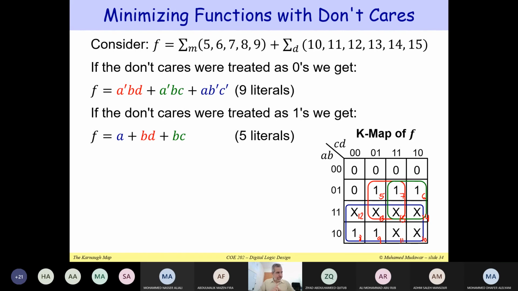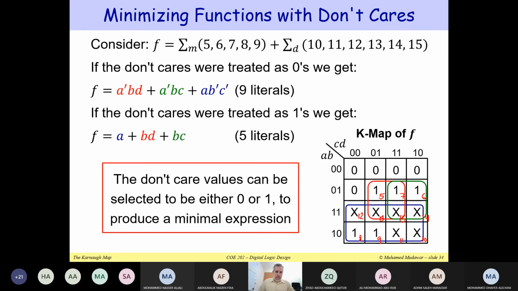But sometimes in some functions, you might have a don't care somewhere which is not being covered. That's fine. You don't have to cover all of them. So if you combine the don't care with 1, it becomes a 1. If you don't combine it, then it remains 0. So you see that here we can select the values of the don't cares.